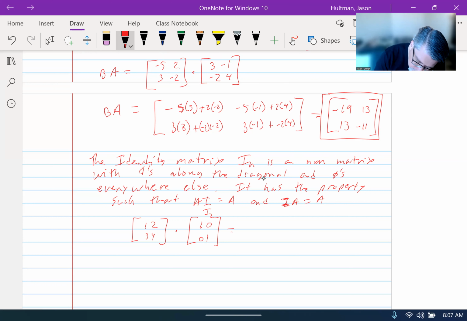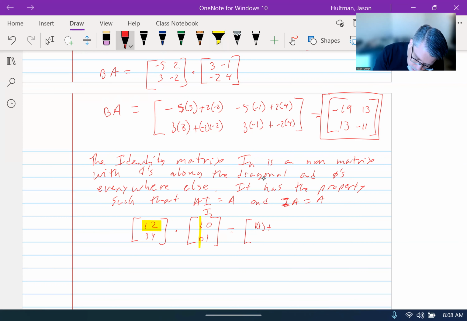This is going to become 1 times 1 plus 2 times 0, going row and column.